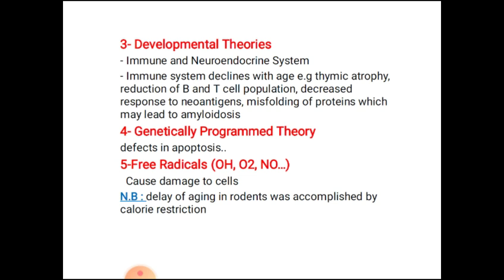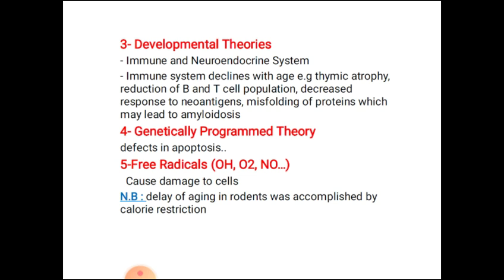Number three, developmental theories, immune and neuroendocrine system. The immune system declines with age: thymus atrophy, reduction of B and T cell populations, decreased response to neoantigens, misfolding of proteins, which may lead to amyloidosis.